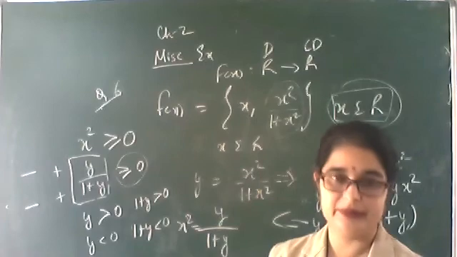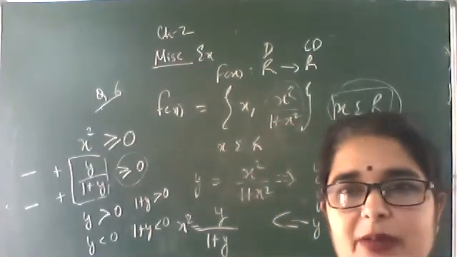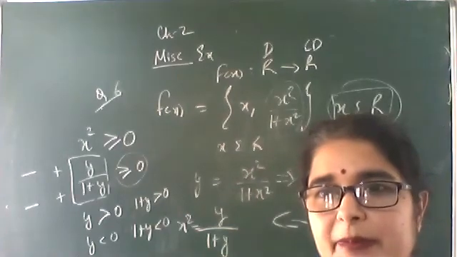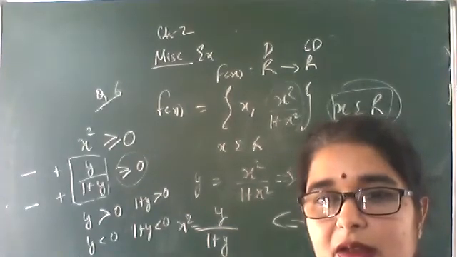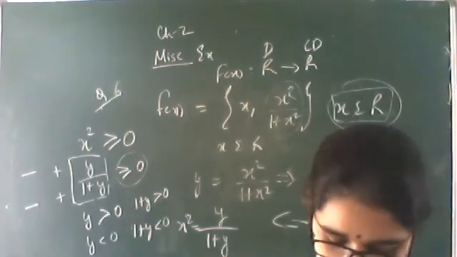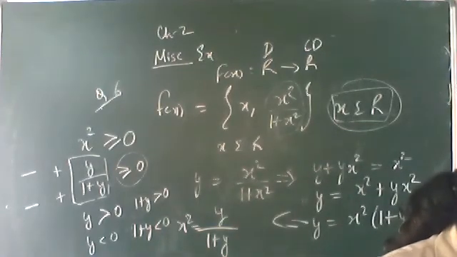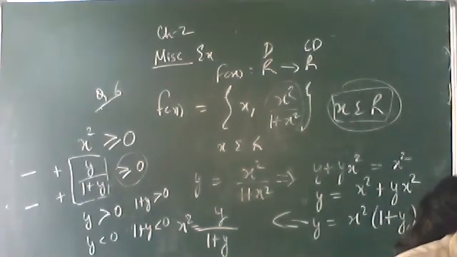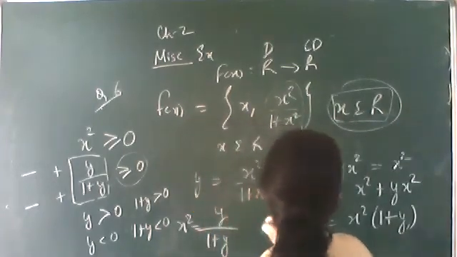Yes? Ma'am, yx square will be negative. Beta, wait. One of you speak up. Ma'am, in the equation where will the minus sign come? In yx square. y plus yx square. Yeah, wait a minute. What is the question? y plus yx square means what? Okay, this one.